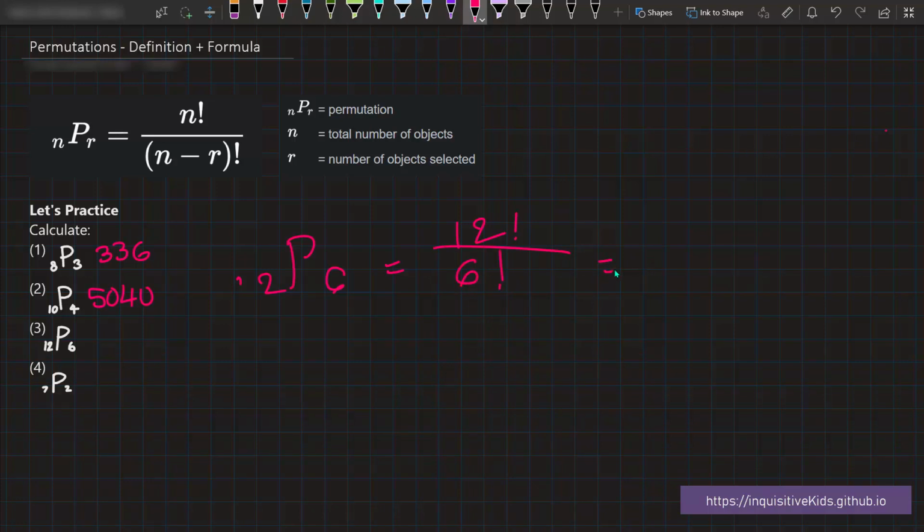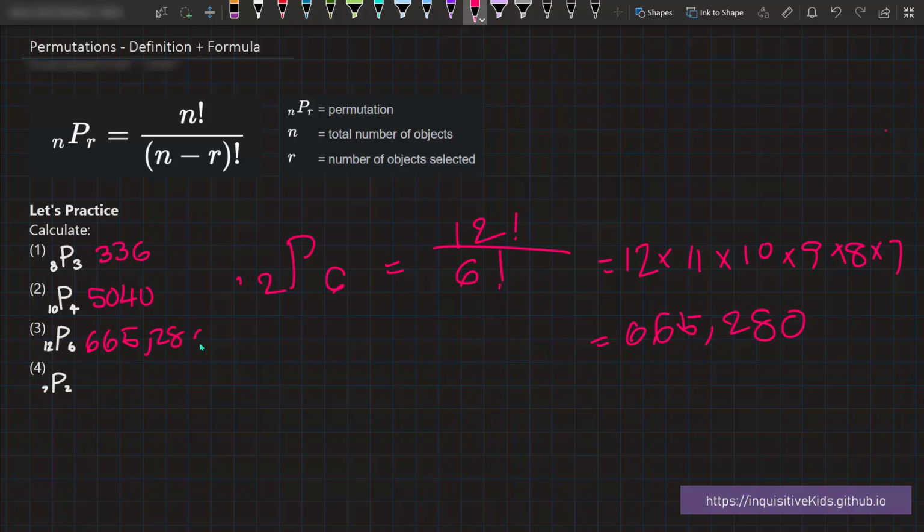Now, since 6 factorial is 6 times 5 and so on down, and 12 factorial is 12 down, without having to go through the expanded form, I already know that some parts will cancel out, giving us 12 times 11 times 10 times 9 times 8 times 7. So this will give us 665,280. So number 3 has an answer of 665,280.